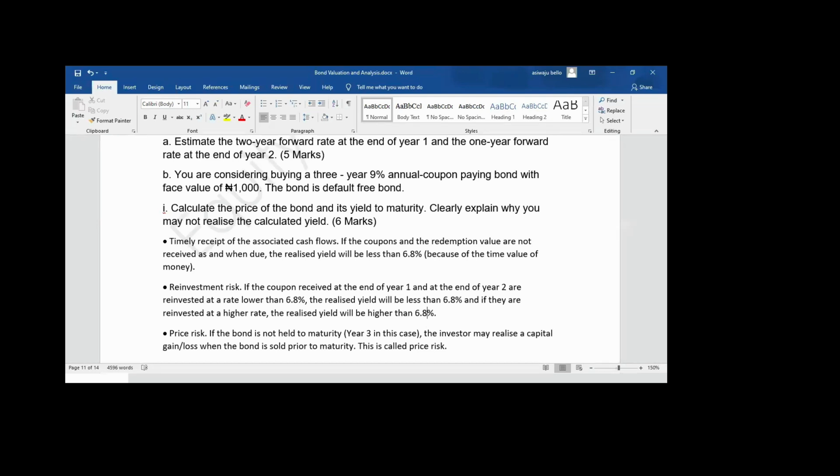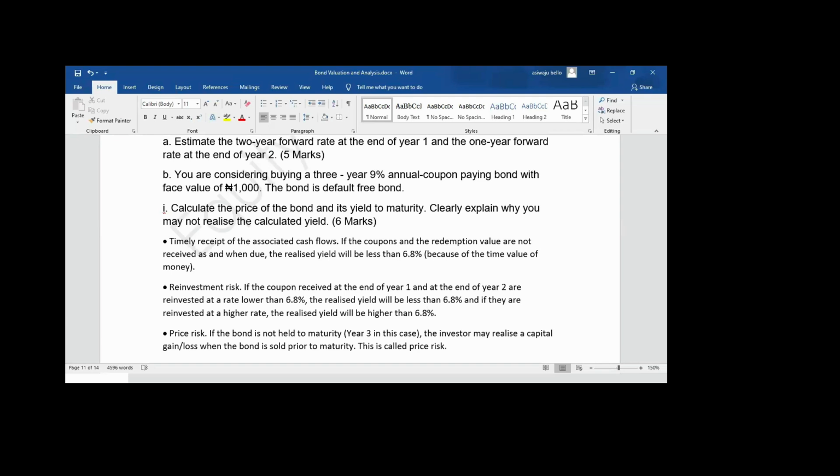What we are saying is the assumption of yield to maturity is that you are going to reinvest your interest at the YTM. If you fail to reinvest the interest at the YTM, then your realized yield will not be the same as the yield to maturity.